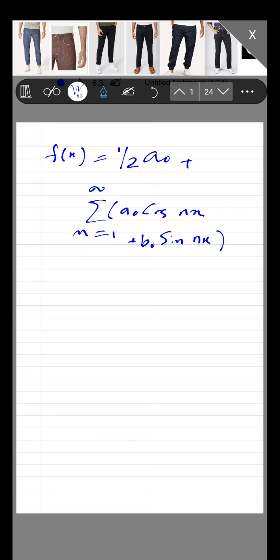So this a0, an and bn, these are the Fourier coefficients.